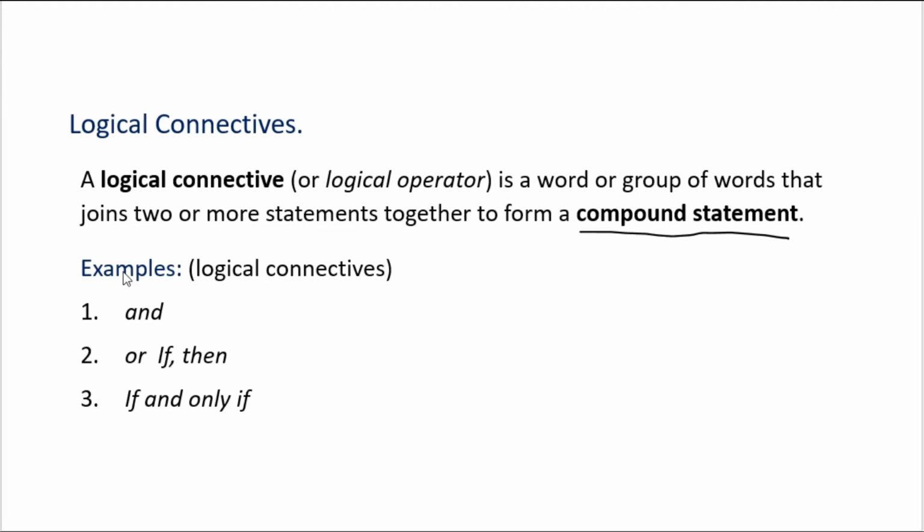So we shall be studying 4 different logical connectives. We shall study AND, OR, the third one is if then, and the fourth one is if and only if. These have different names. The connective AND is also called conjunction. The connective OR is called disjunction.